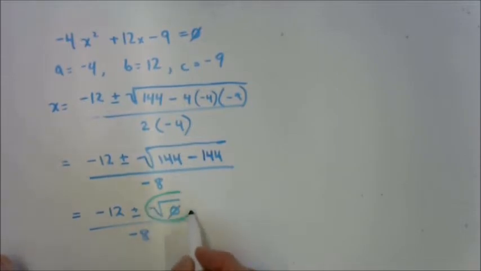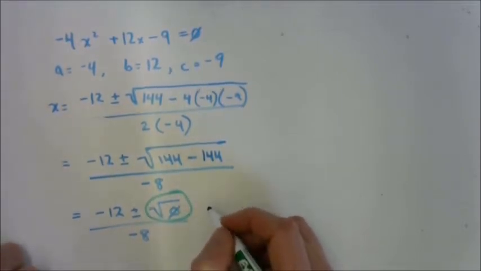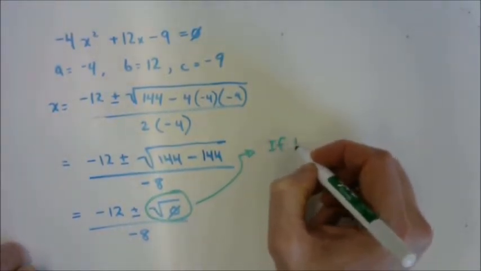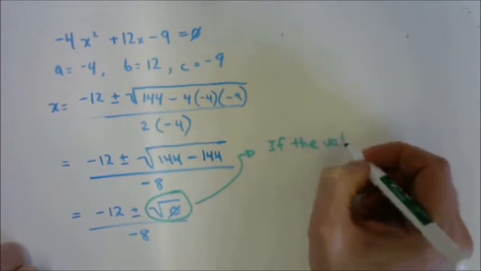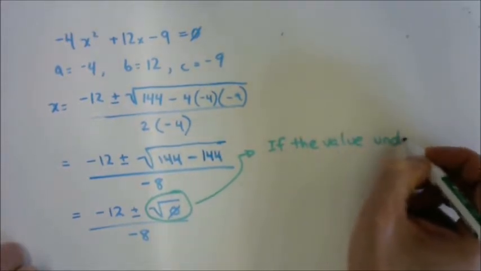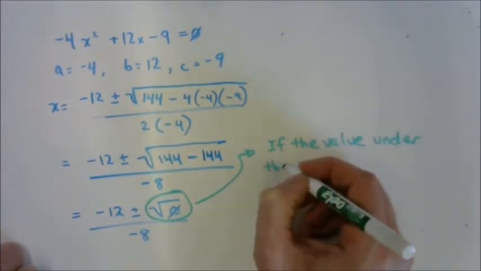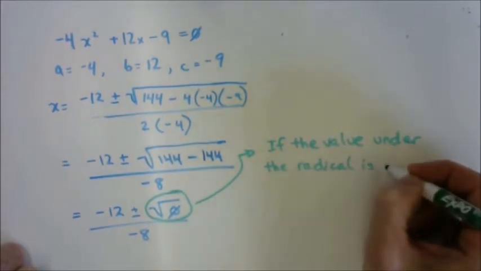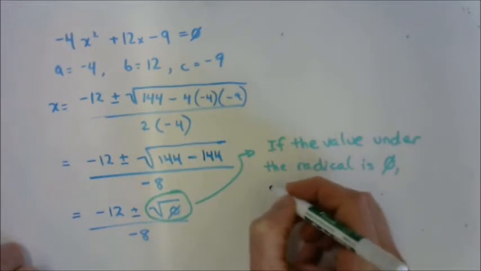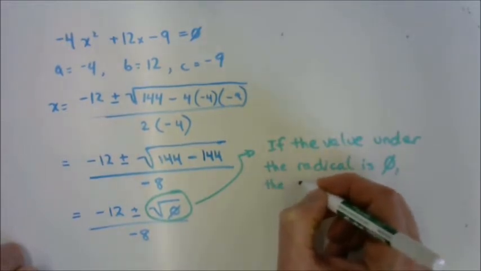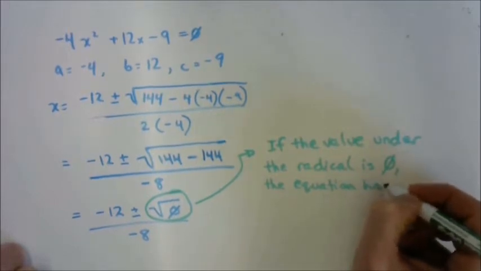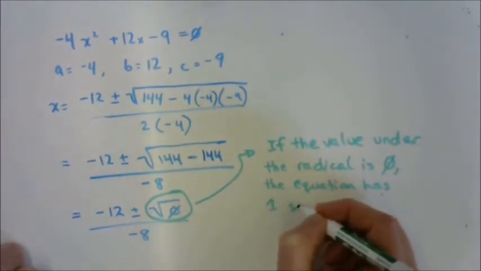So in this situation, if the value under the radical is 0, the equation has one solution.